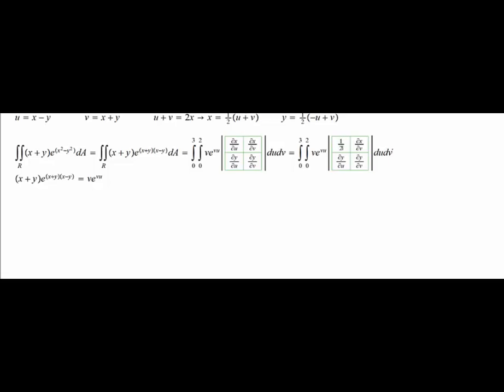And dx/dv would also be 1/2. Now dy/du would be negative 1/2, and then dy/dv is positive 1/2, and this determinant is going to become 1/2, because it will be 1/4 plus 1/4, right? Let's just check it.